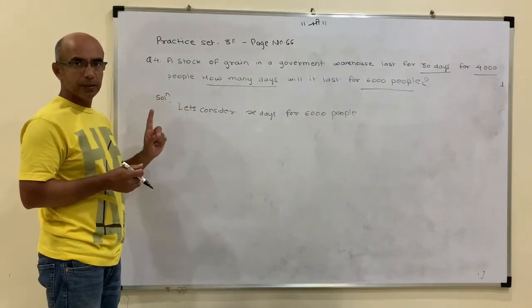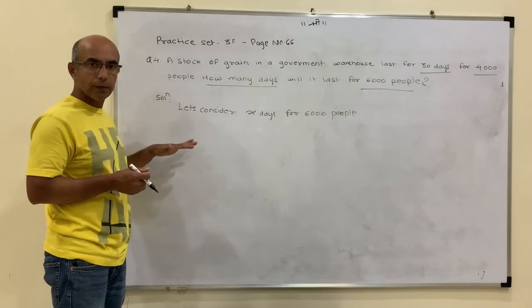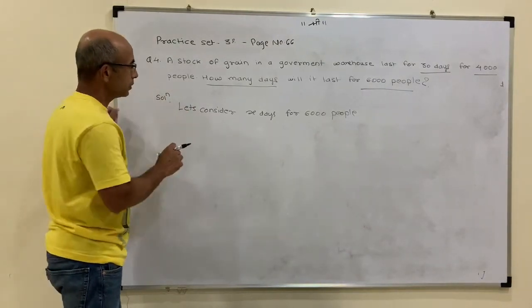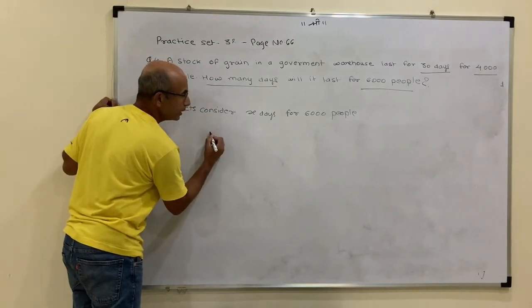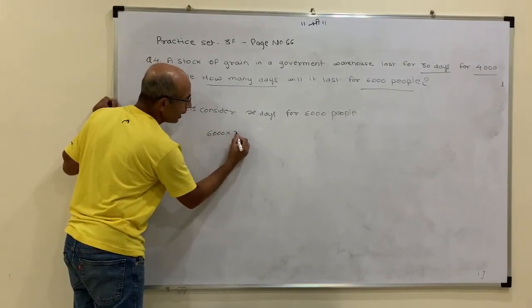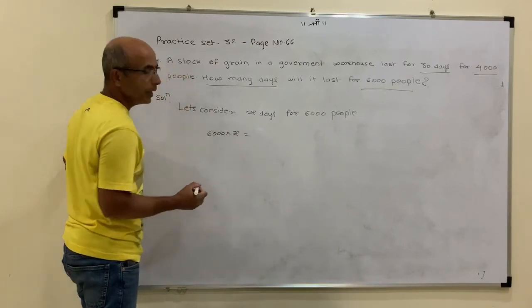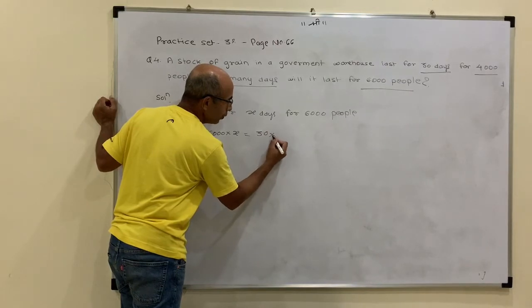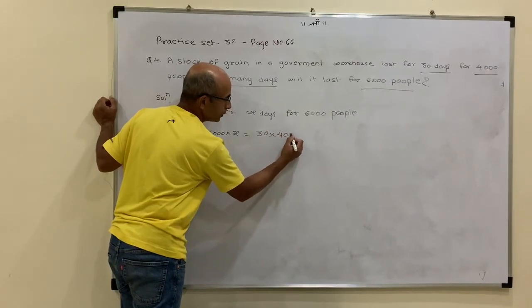The first stage is when we construct the equation, and the second stage is when we solve the equation. So now our equation is 6,000 into x equals 30 into 4,000.